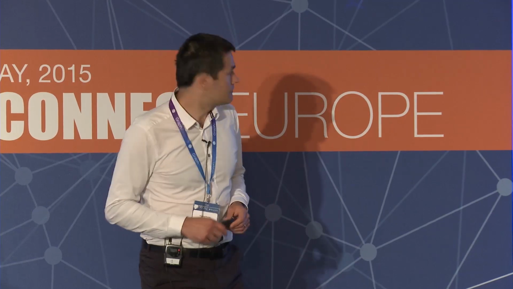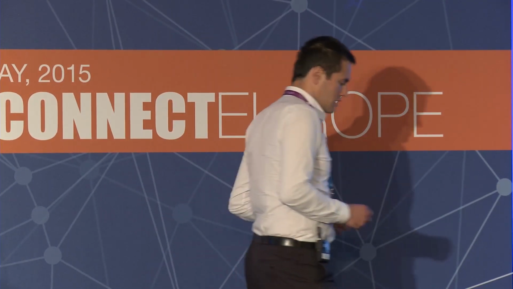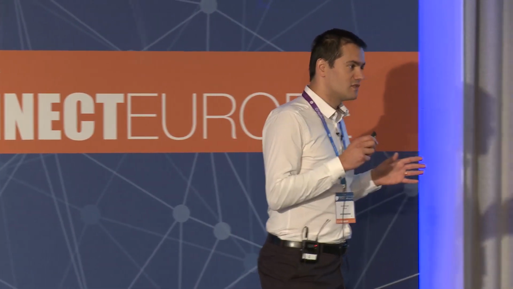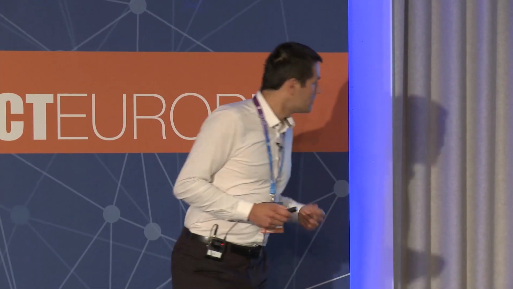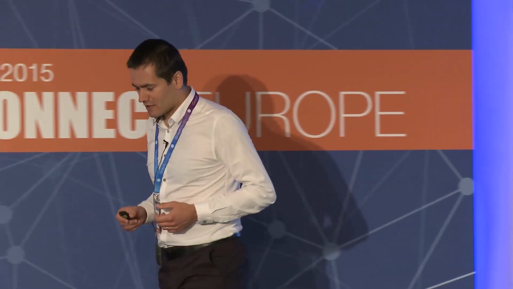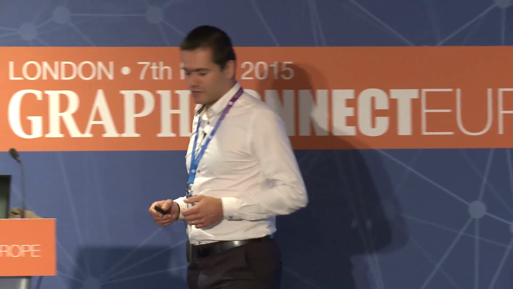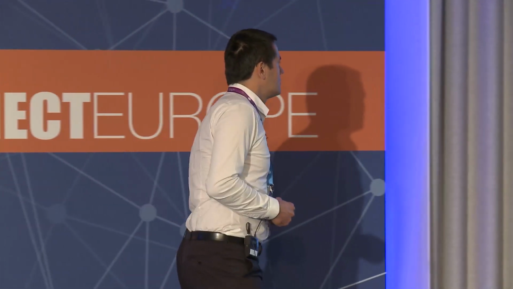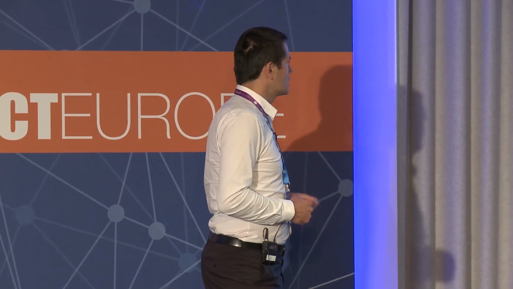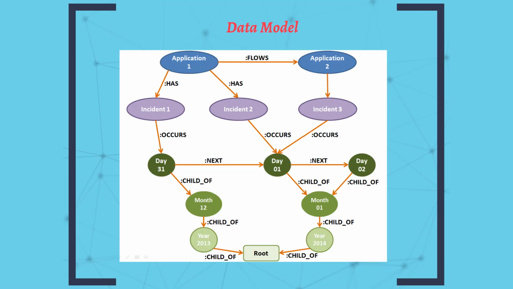And this is a very simple graph of time stating that there is a day after another. Good. And we can interrogate this graph to see, for example, I have an application with an incident occurring on the 31st of December.